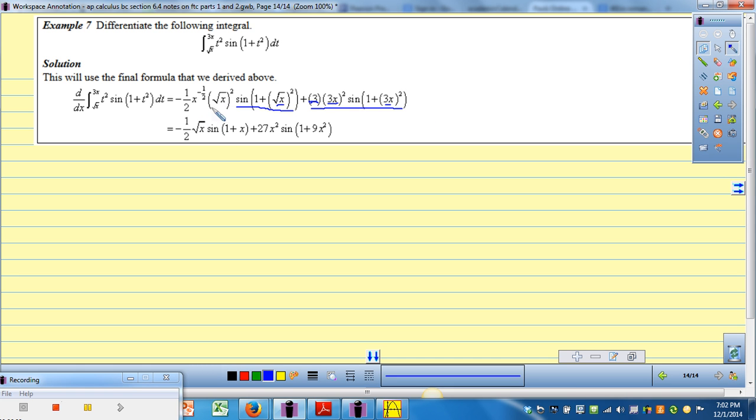So the order is a little backwards from what you would expect, but we plug in 3x, and remember our chain rule here, and we subtract, plugging in square root of x, including the chain rule here.